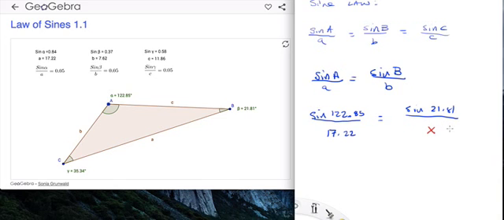I'll write it in red. Now the idea is to find the value of x. That's not so hard because we can cross multiply. Sine of 122.85 is a numerical value, and the sine of 21.81 is also a number. So really we have 2 fractions, and we're missing one of the denominators.